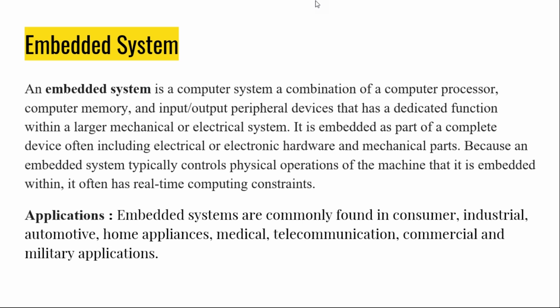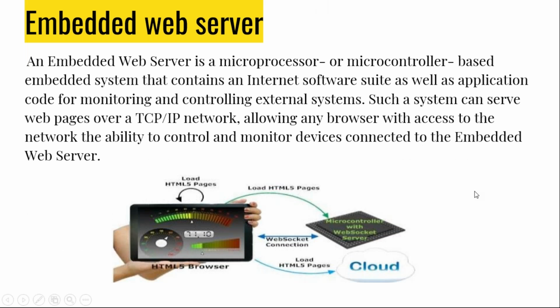An embedded web server is a microprocessor or microcontroller based embedded system that contains an internet software suite as well as application code for monitoring and controlling external systems, such that a system can serve web pages over a TCP/IP network, allowing any browser with access to the network the ability to control and monitor devices connected to the embedded web server.